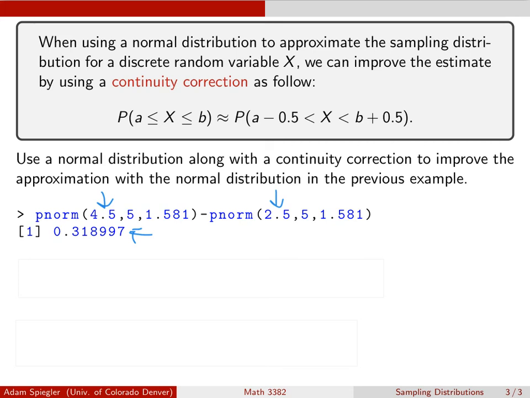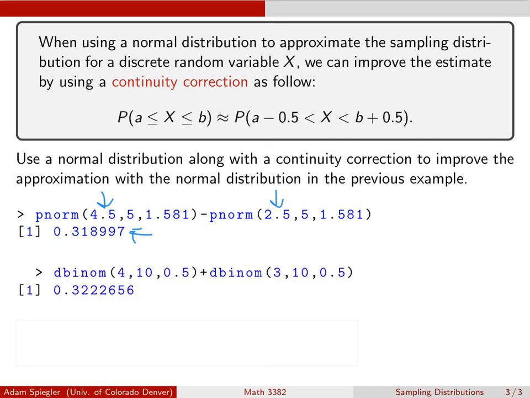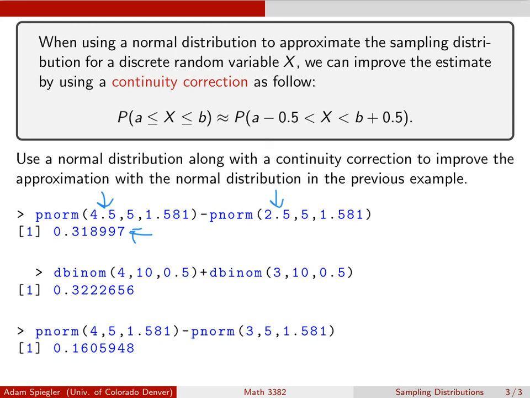So we can compare all of these estimates. This is the estimate we get with the continuity correction. This was the exact value, not perfect, but much better than the approximation we got without the continuity correction. The issue here is we're using a continuous normal distribution to approximate a discrete binomial distribution.